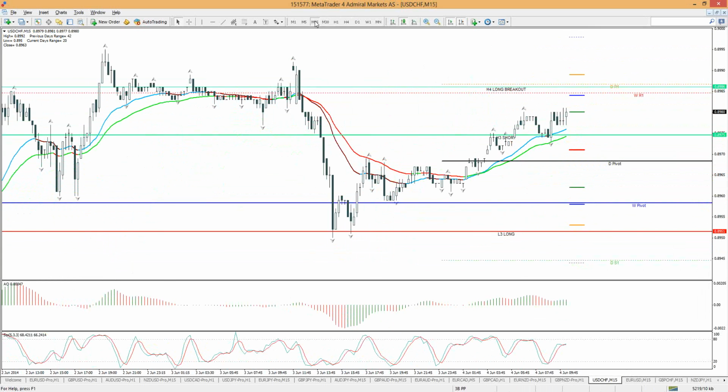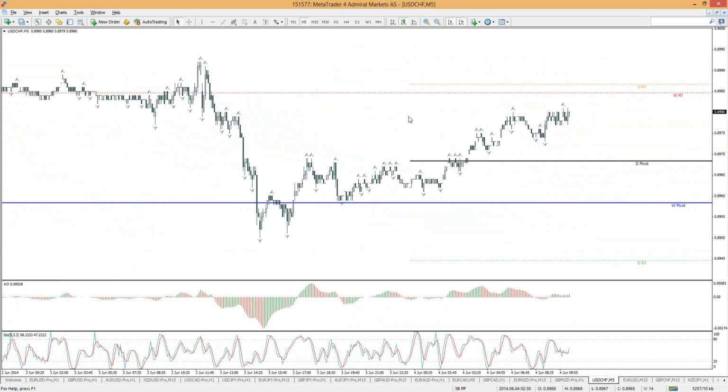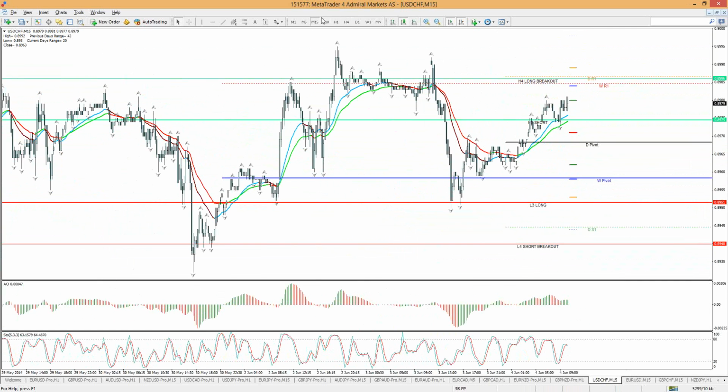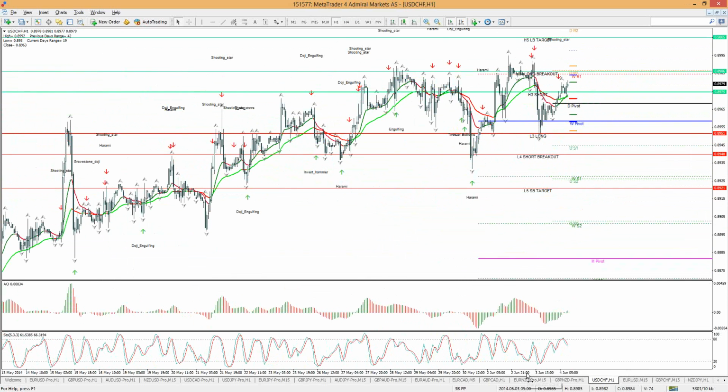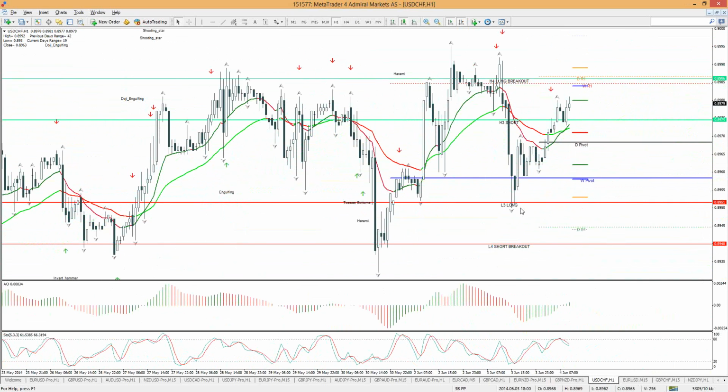We have the pivot points downwards. We are above H3. So that looks interesting. Probably the only one that actually has space and is lined up, I would say.